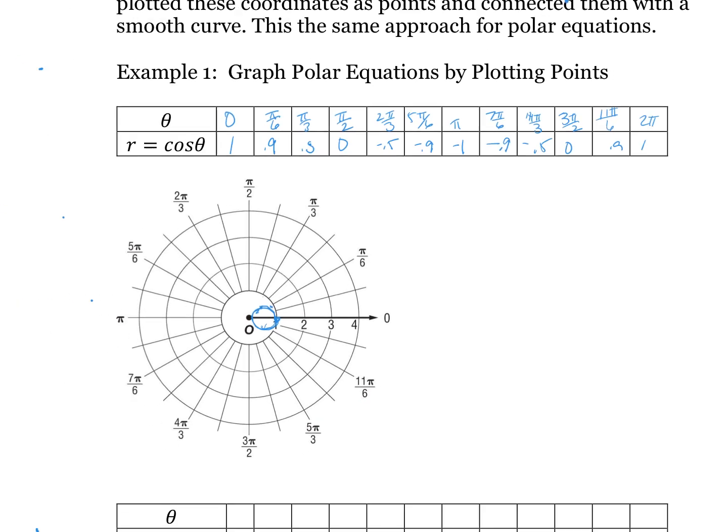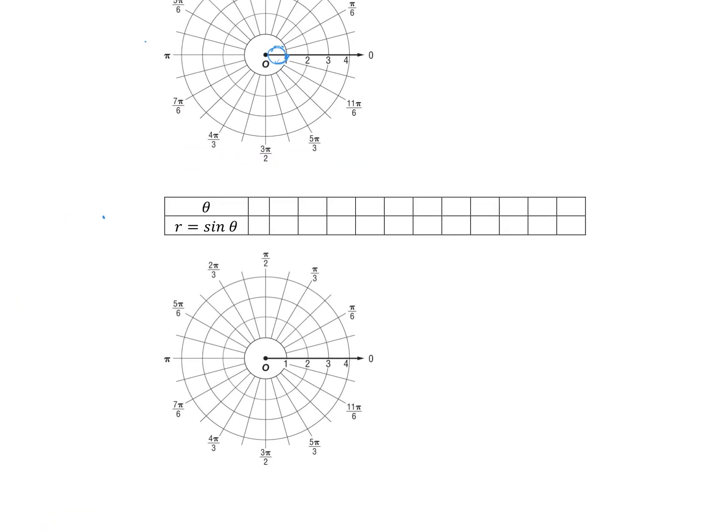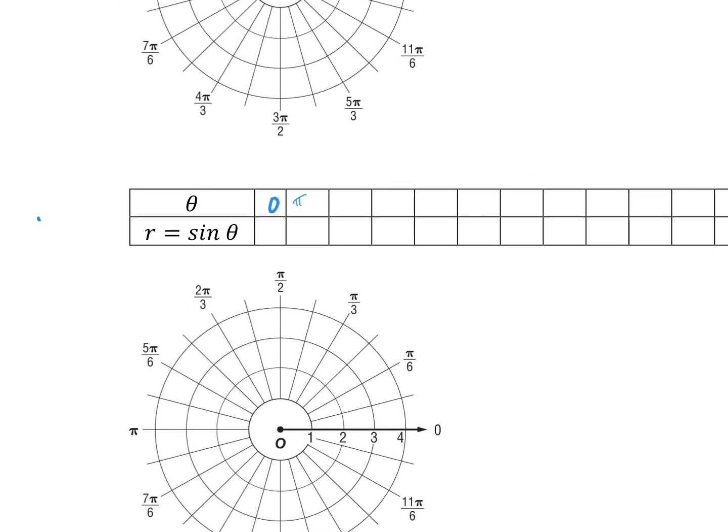Sine's going to do a similar thing, but not the exact same points, because sine is positive in the first and second quadrants, so it's going to have more positives until we get down into 7 pi over 6. I've got 0, pi over 6, pi over 3, pi over 2, 2 pi over 3, 5 pi over 6.